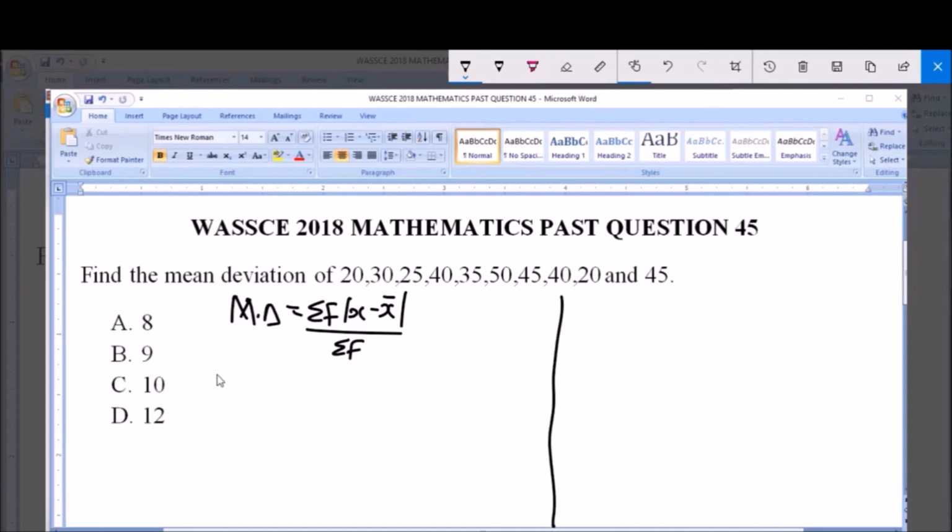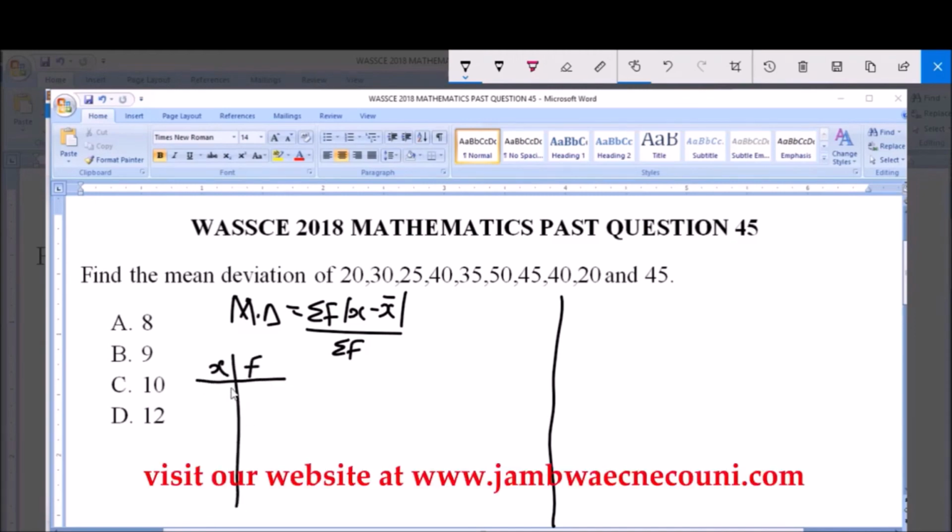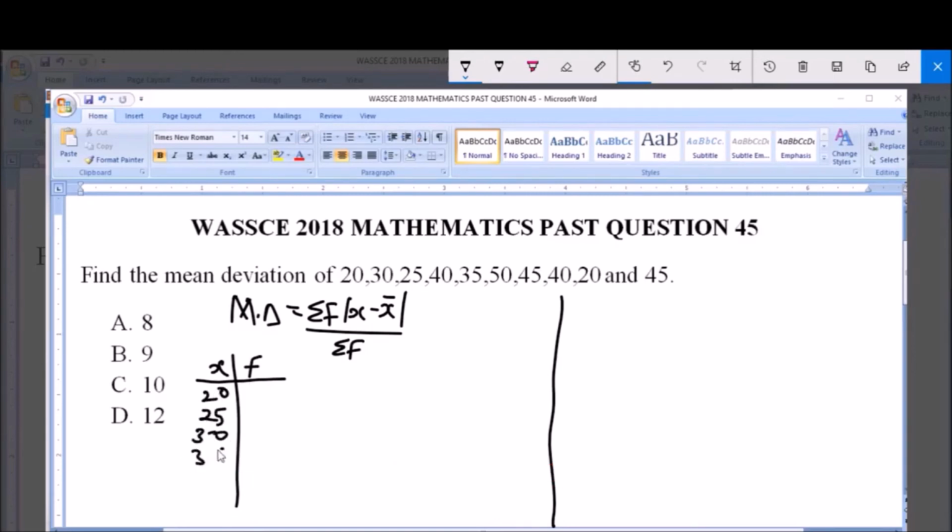Now let's have x, then our frequency. Now our x here, we have 20, we have 25, we have 30, 35, we have 40, 45, and 50.